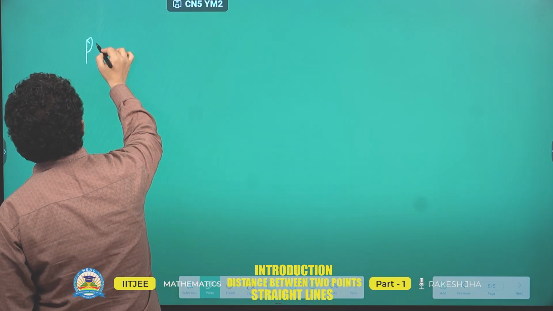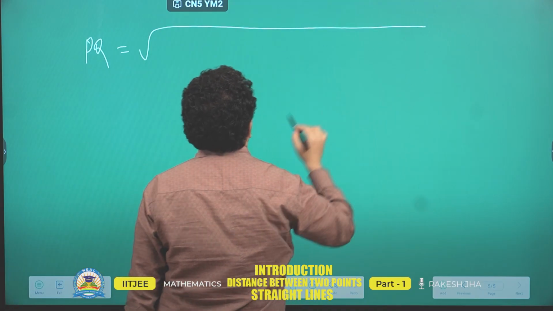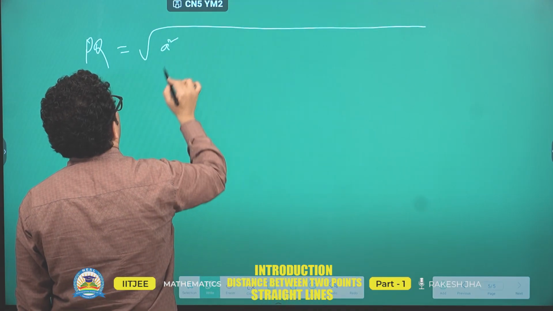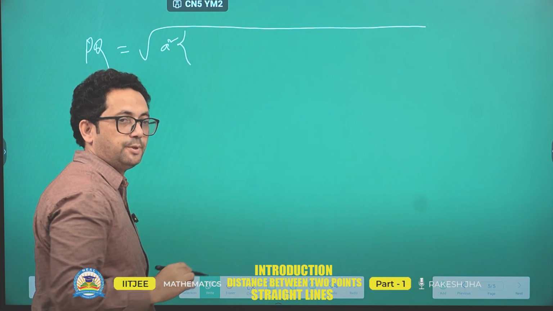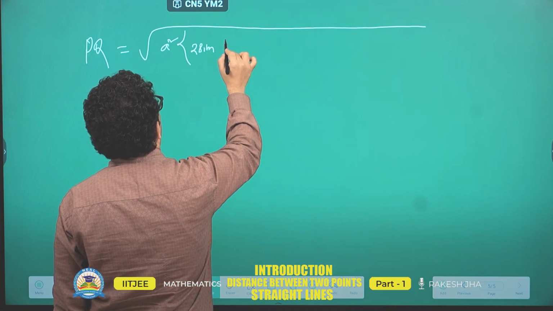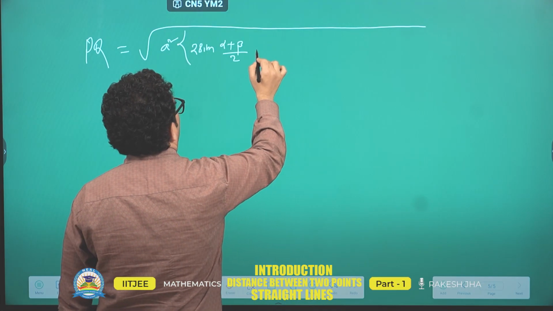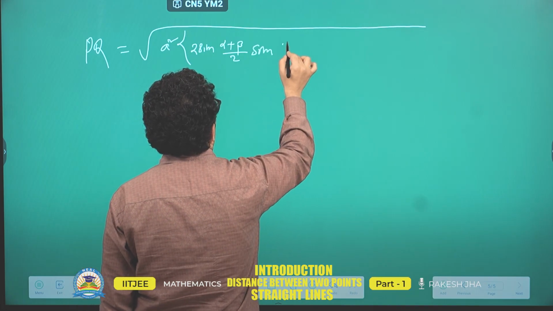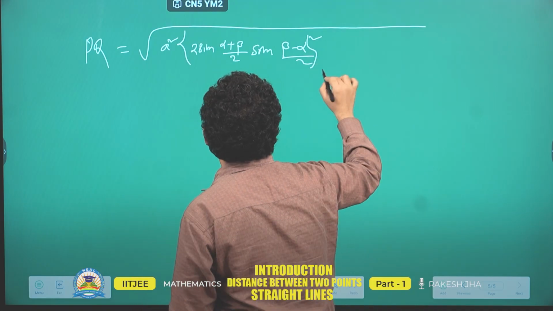So PQ distance would be root under a square, and here we have cos alpha minus cos beta, that we know is 2 sin (alpha plus beta) upon 2 and sin (beta minus alpha) upon 2, whole square.